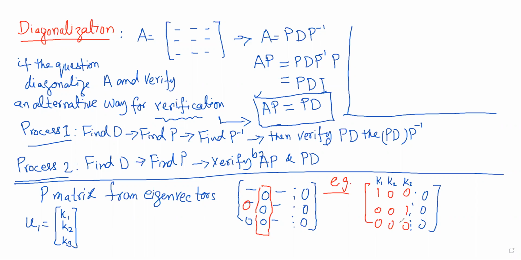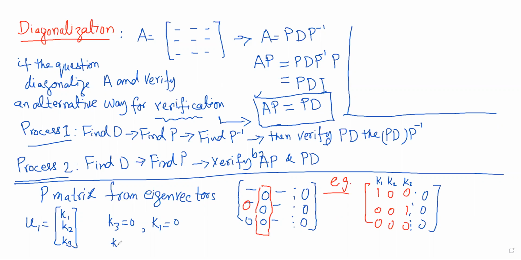From the last row, everything is 0. From the second row, we get K3 is equal to 0. And from the first row, we get K1 is equal to 0.